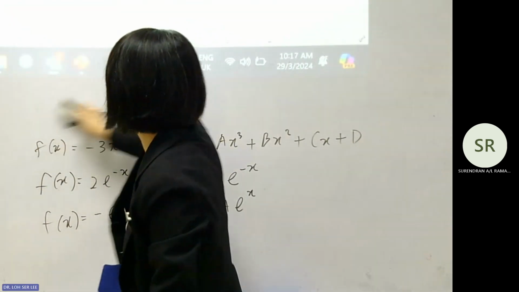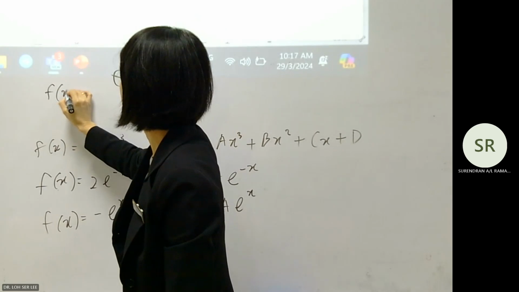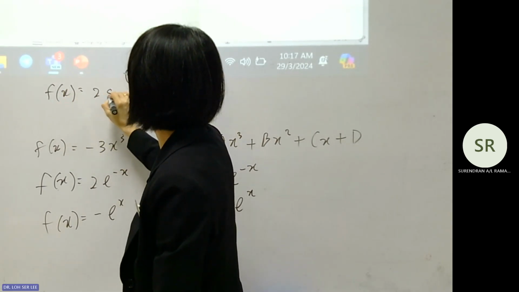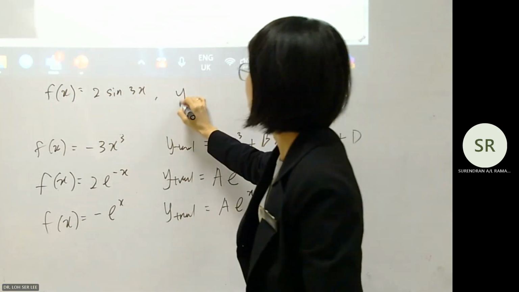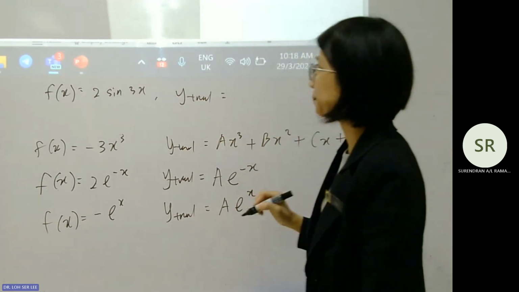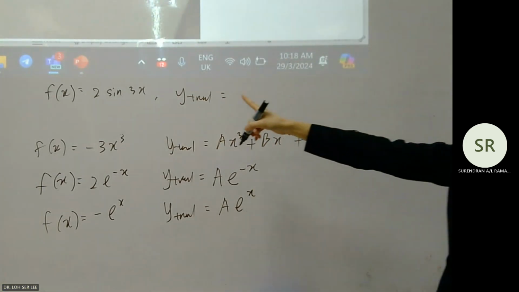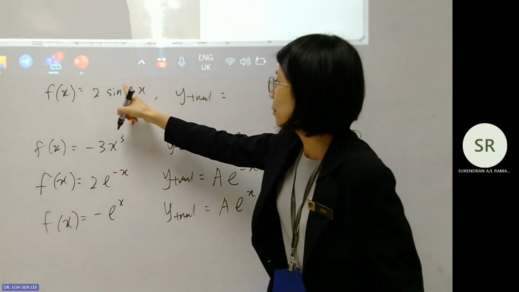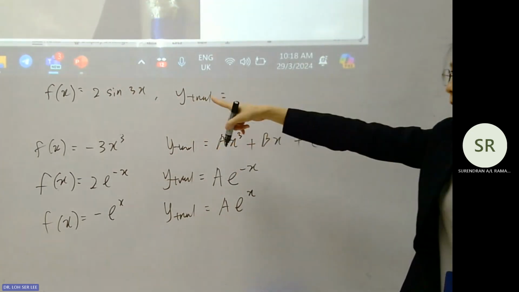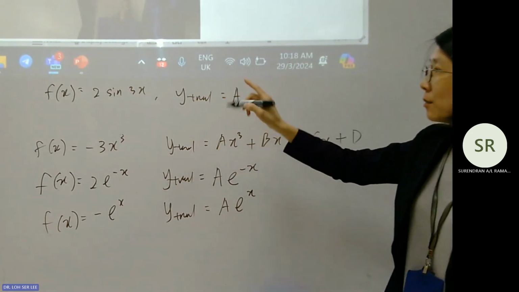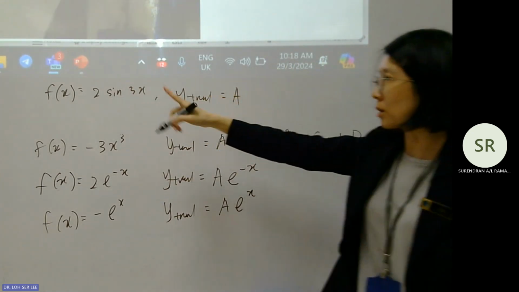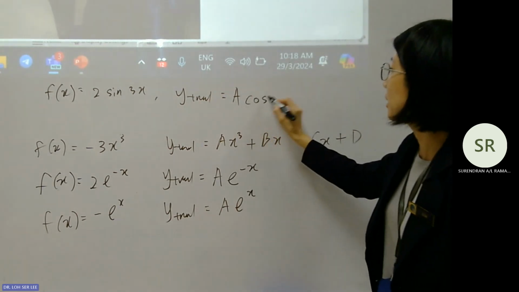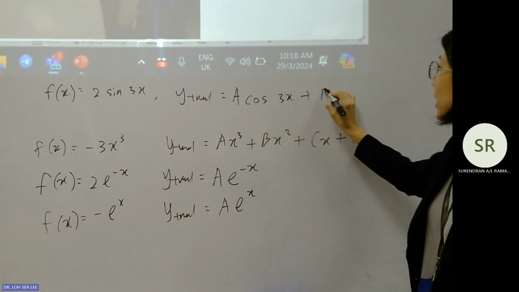Next one, sine and also cos. Let's say 2 sine 3x. Your y trial, this is power of 1. Accepted. So this one, it comes in a pair. For a sine or cos function, it comes in a pair as cos and also sine.